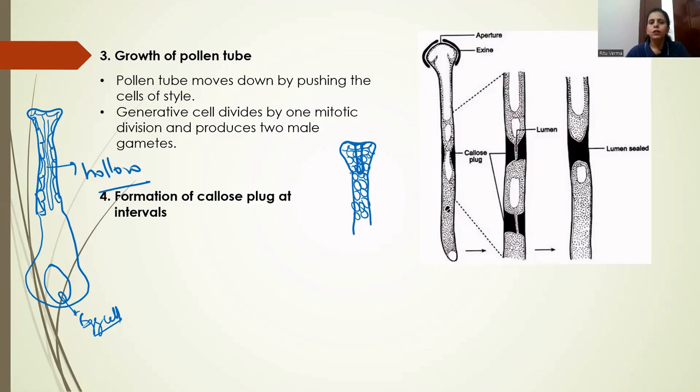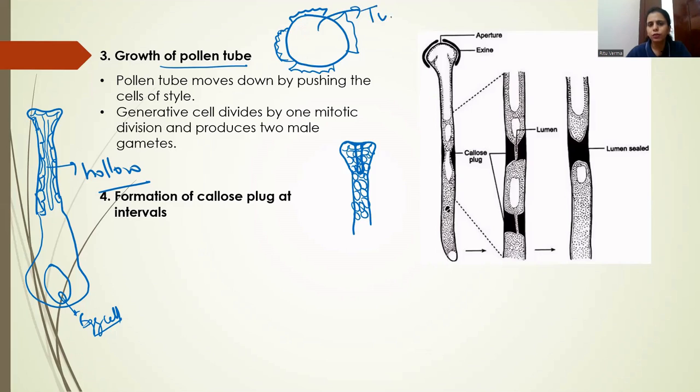Okay, so what happens during the growth of the pollen tube? As we have studied about the structure of pollen grain earlier in the previous videos, we know that pollen grain is covered with exine. It is also covered with intine. Intine is the inner layer and exine is the outer layer. Now this pollen grain has two cells.